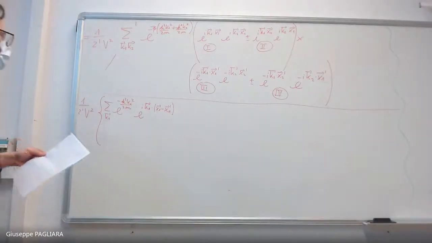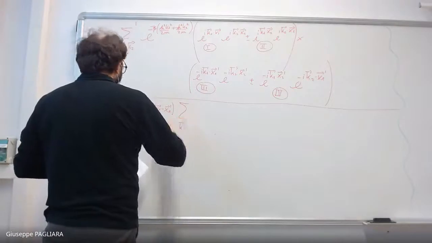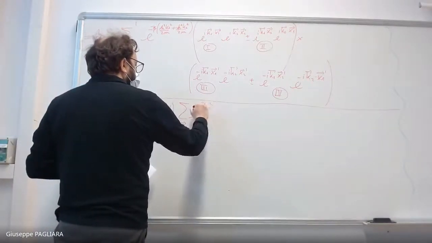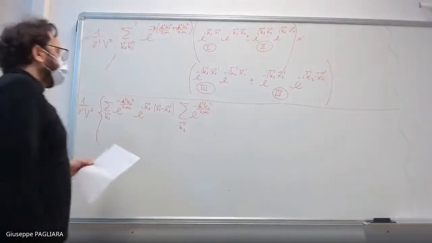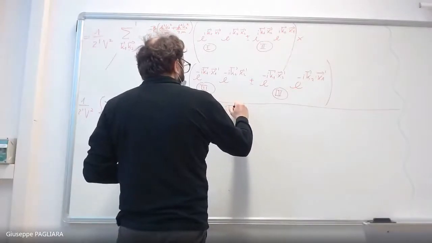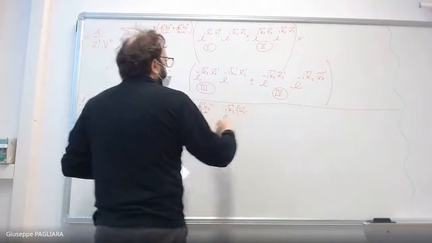Let me check if this is correct, times the sum over k2 exponential of minus beta k2 squared divided by 2m, and e to the i k2 scalar x2 minus x2 prime.